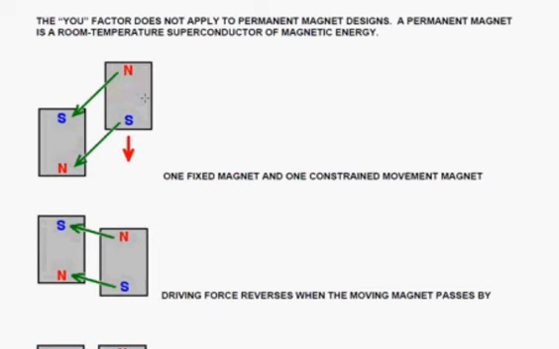So in the position where it's shown there, the north of the moving magnet is attracted to the south of the fixed magnet, and the south of the moving magnet is attracted to the north of the fixed magnet. That gives you a force indicated by the red arrow, and the moving magnet is pushed downwards.